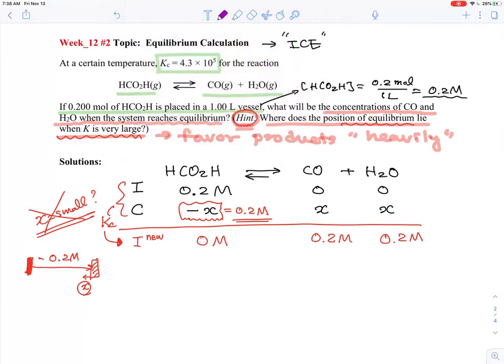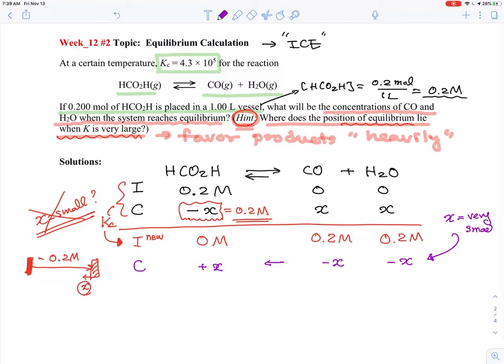Once you have this, the follow-up calculation is easy, because for this new initial condition, something has been generated, so you're going to lose some, and you're going to generate some. And the beauty of this new initial condition is that x is really going to be very small.